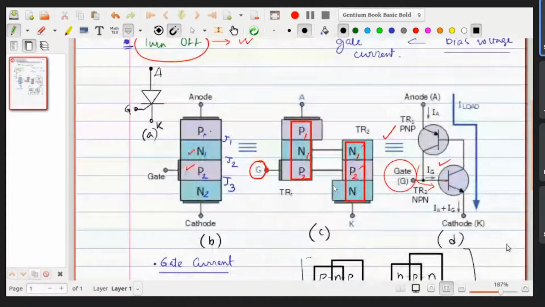So in this case you observe, let me rub and write once again. This is the base of the NPN transistor.